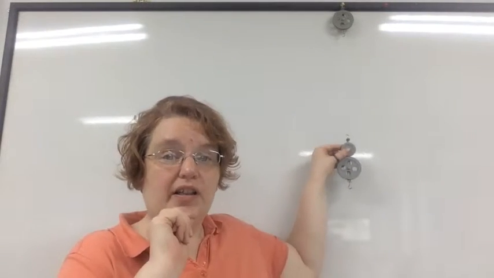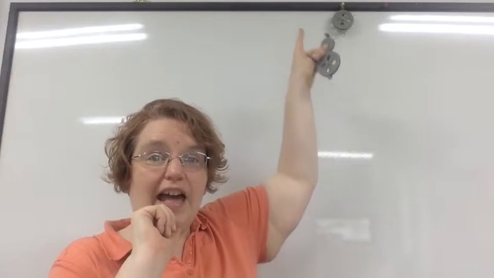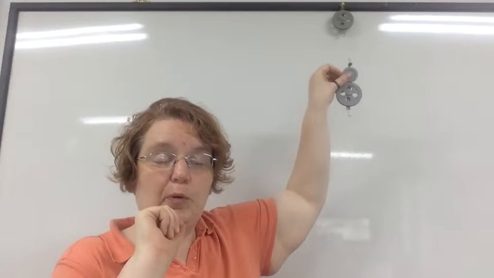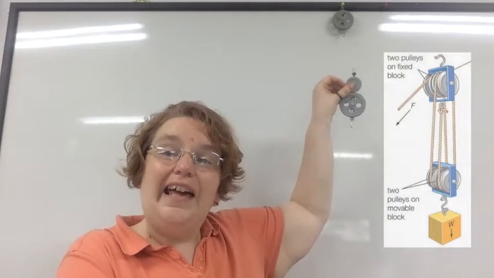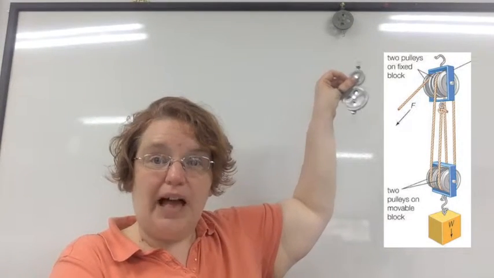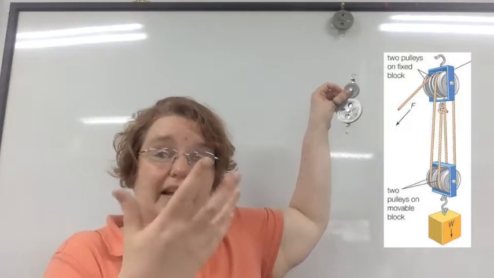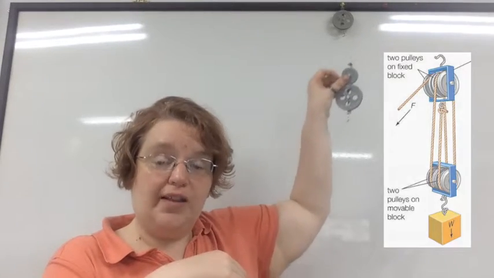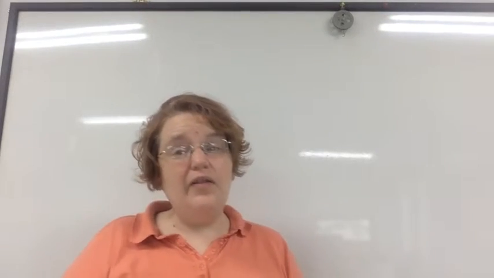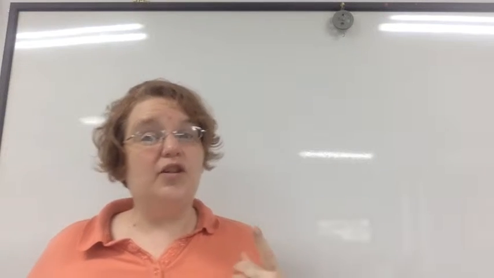The third part that we're going to talk about is when we combine a fixed pulley up here and a movable pulley, it makes what we call a block and tackle. A block and tackle is a combination of both kinds of pulleys. The more pulleys you have, the easier it will be to move the load.